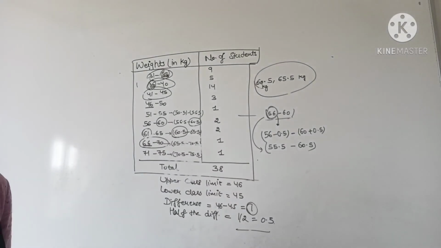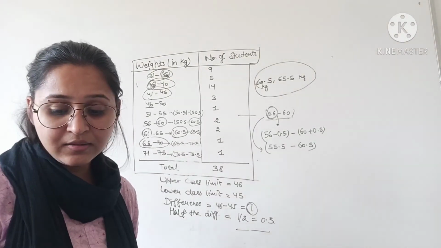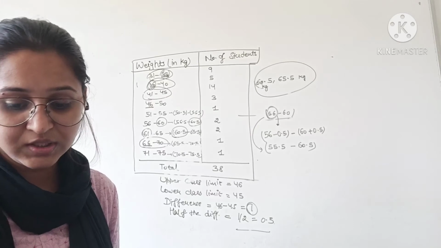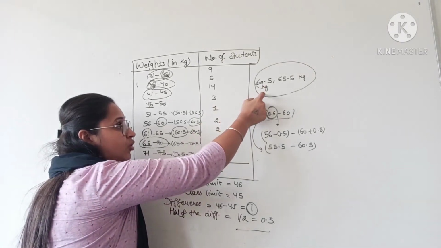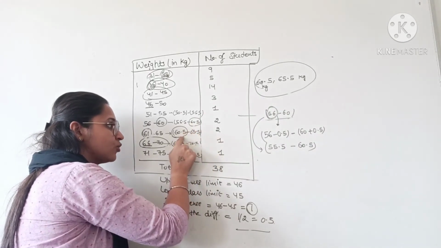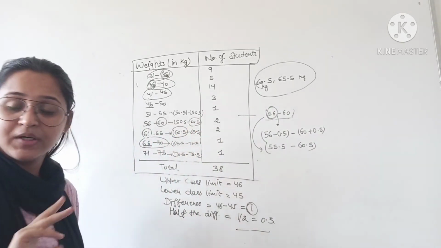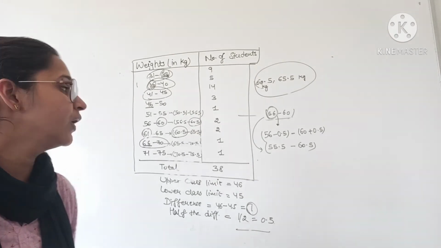Now where will I add these two students? First of all, see that if I add this particular student here and also here, it means I am adding 2 times. But I can't do it this way.